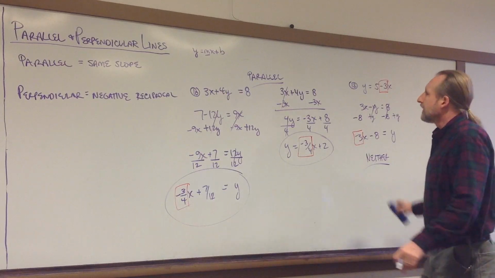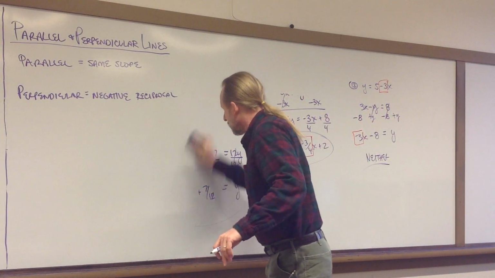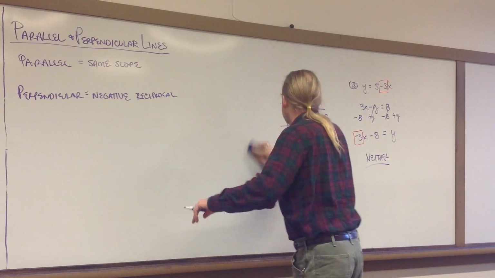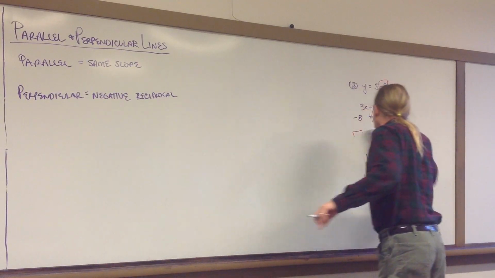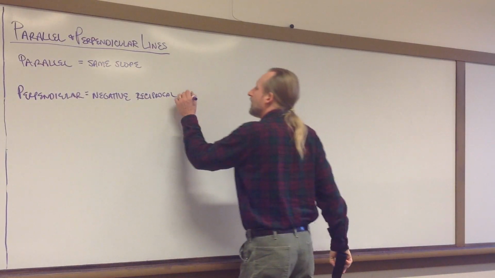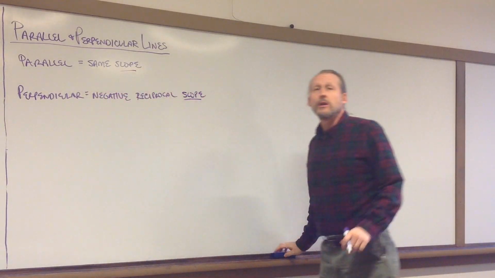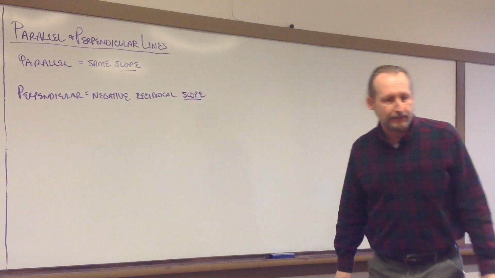Okay, so that's that part of the worksheet, kind of an introduction to parallel and perpendicular lines, picking out when they're parallel, when they're perpendicular, and when neither is true. Okay? But this is all about the slopes of those lines, right?